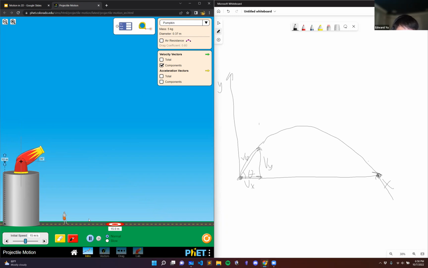So for example, if I shoot it, you can see that the X component is always going to be the same. If I make it slower, you can see that the Y component is decreasing, and at its max height, it becomes 0, and then it starts going in the negative direction. But this entire time, the X component is always the same.